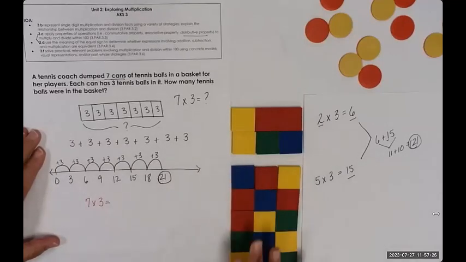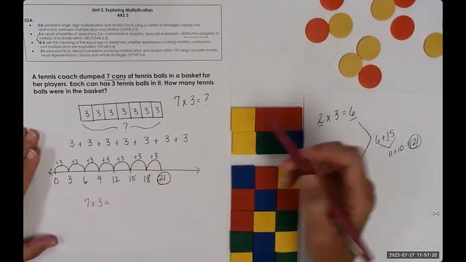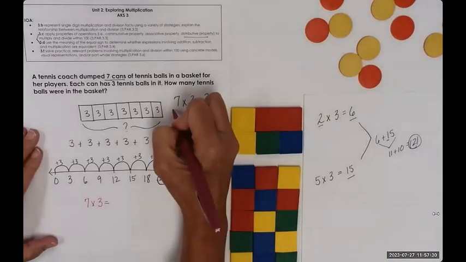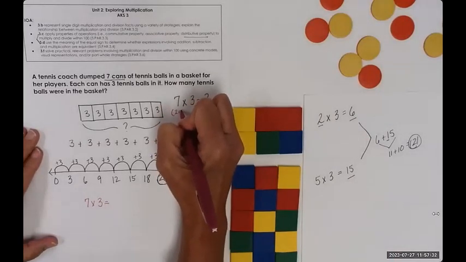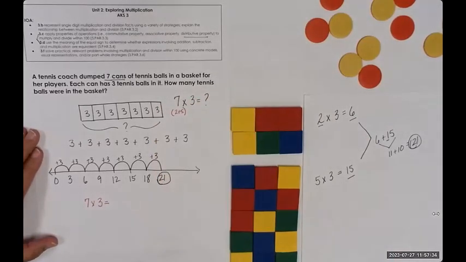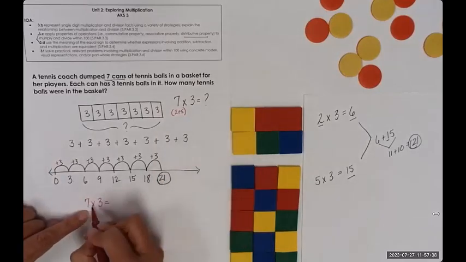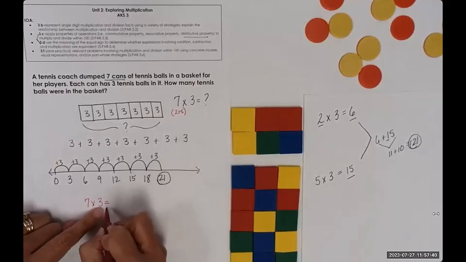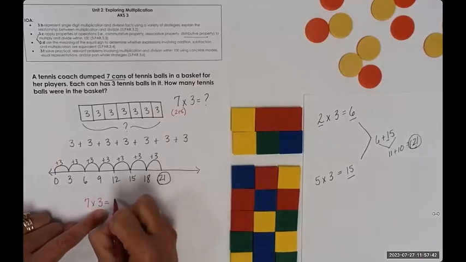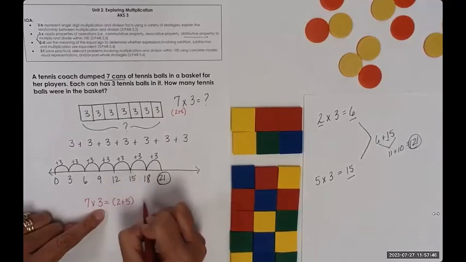Based on what we did here, we decomposed this 7 into 2 plus 5. That's all we did. So we could say 7 times 3 is the same as (2 plus 5) times 3.